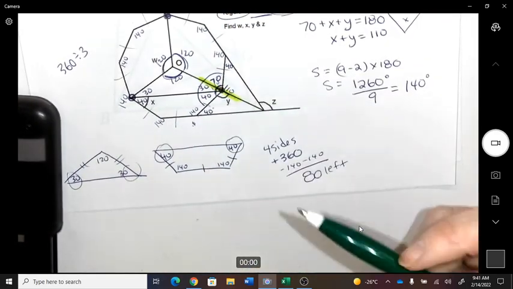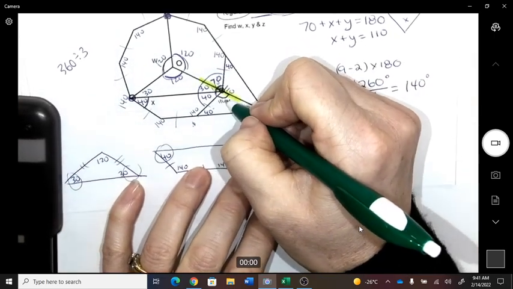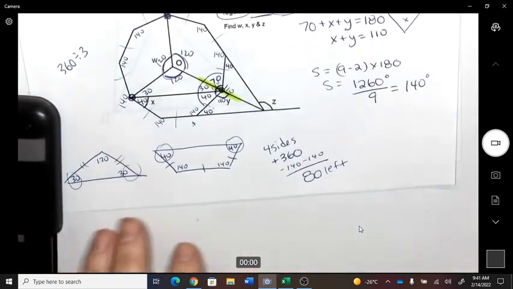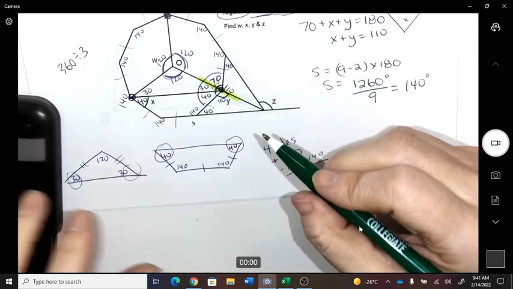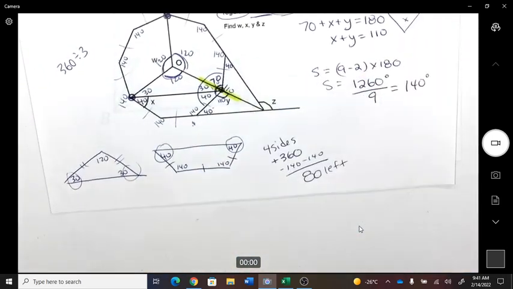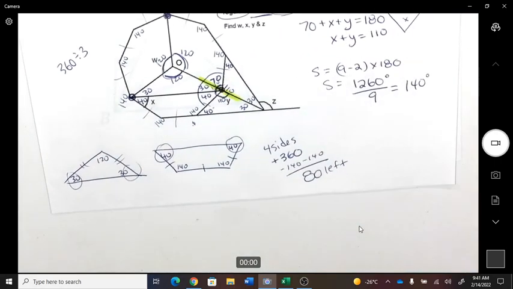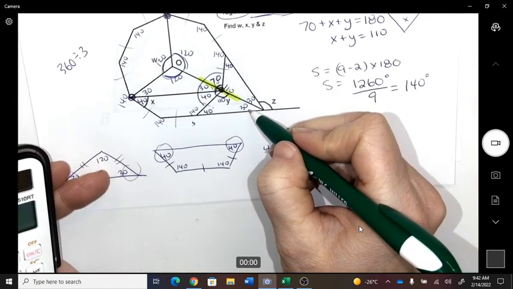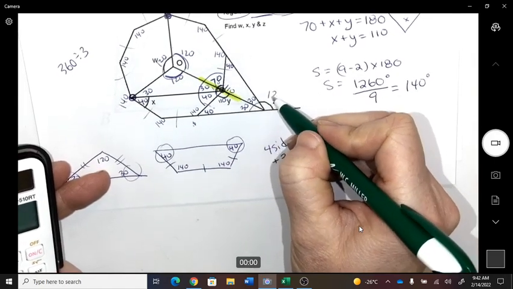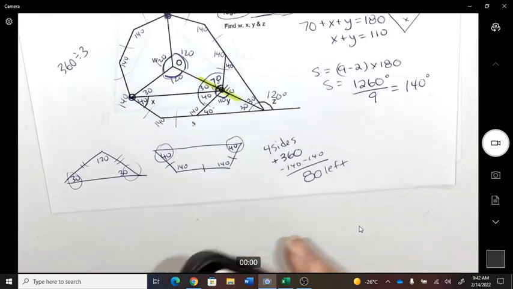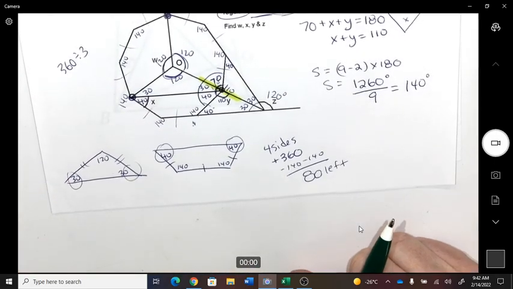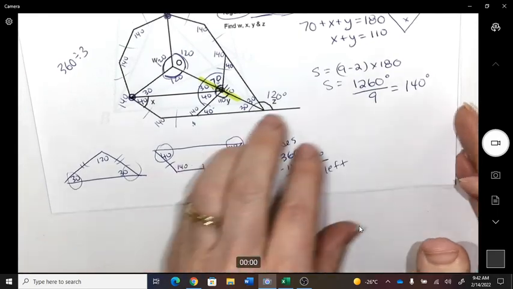There's my supplementary, 30, 40, and 110. Leaving me with a triangle, 110, 40, and 30. Leaving me with an angle Z of, so now 60 and 120. Whew, that was a lot of things going on. A lot of organizing and following.